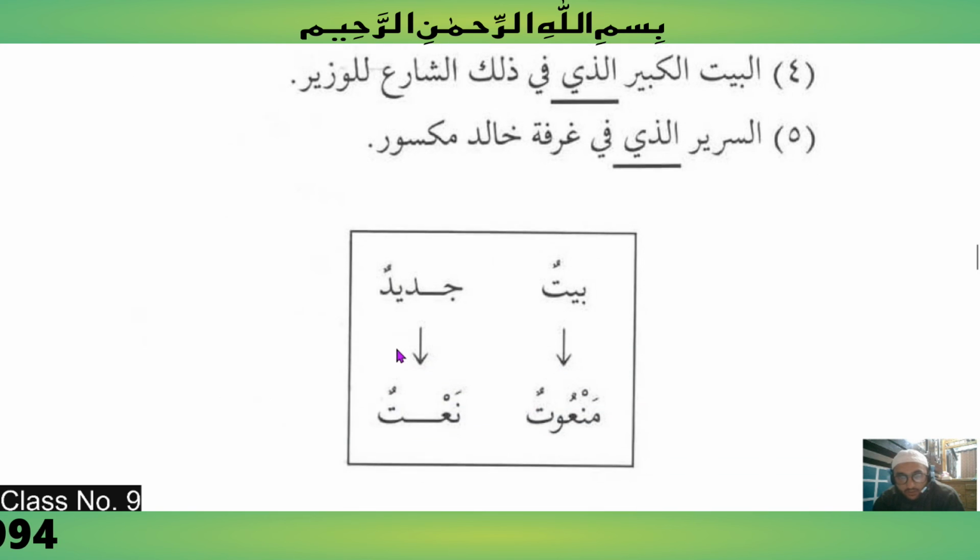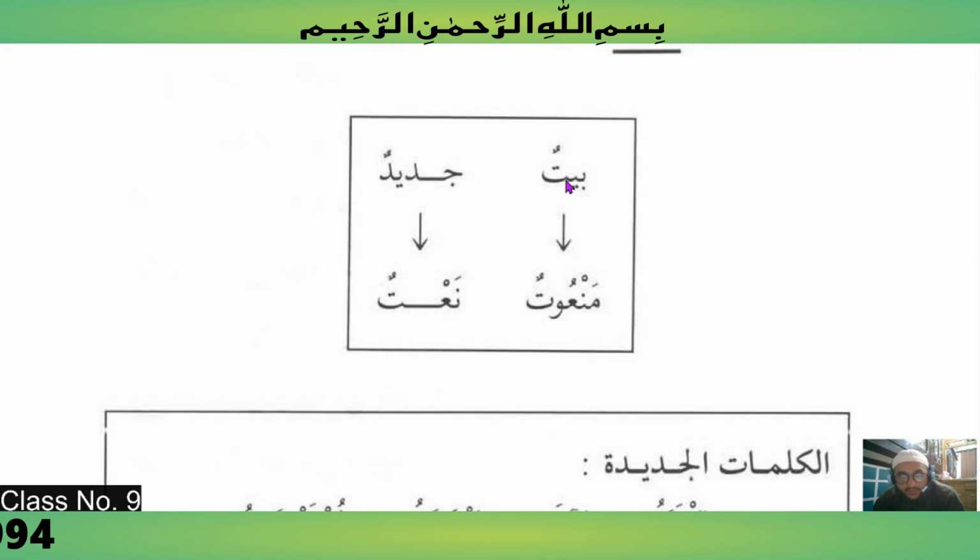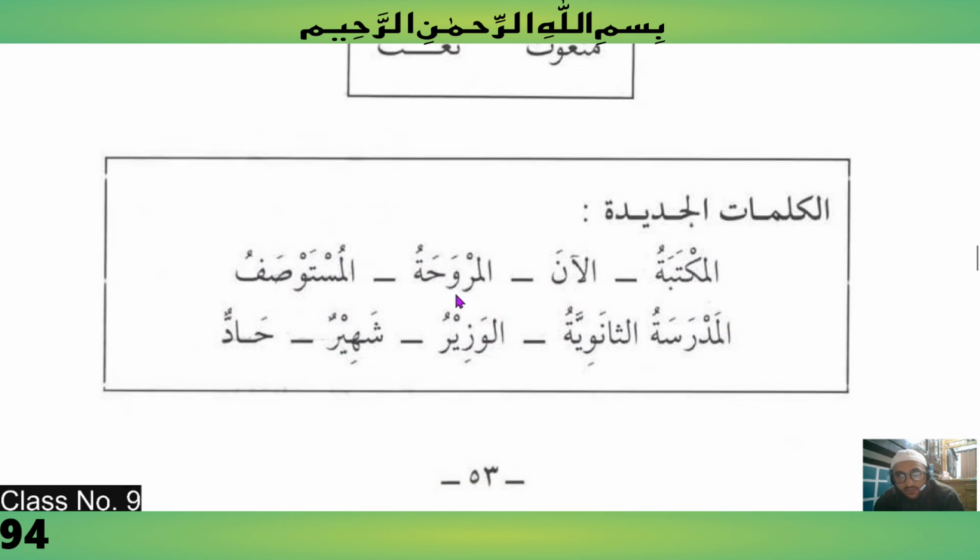Okay, so the bed which is in Khalid's room is broken. Okay, so this one is mubtada and this one is khabar. That's why we read maksurun. Okay, next baytun, it is man'ud. Jadidun is not, as we read in the beginning of our class.